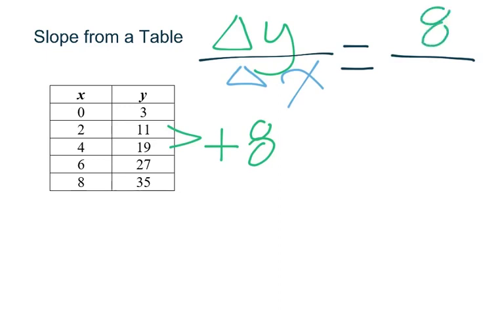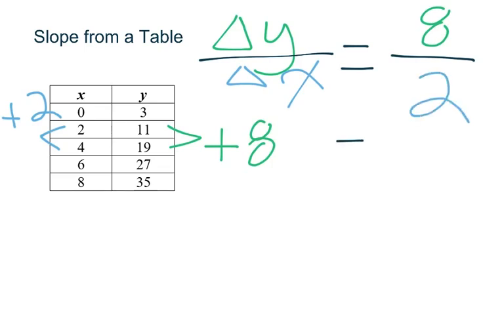So my change in Y, well, that's 8. And my change in X, I'm going to pick those same two, I want to compare those same 2 lines. From 2 to 4, well, that's a positive change of 2. So my change in X is 2.